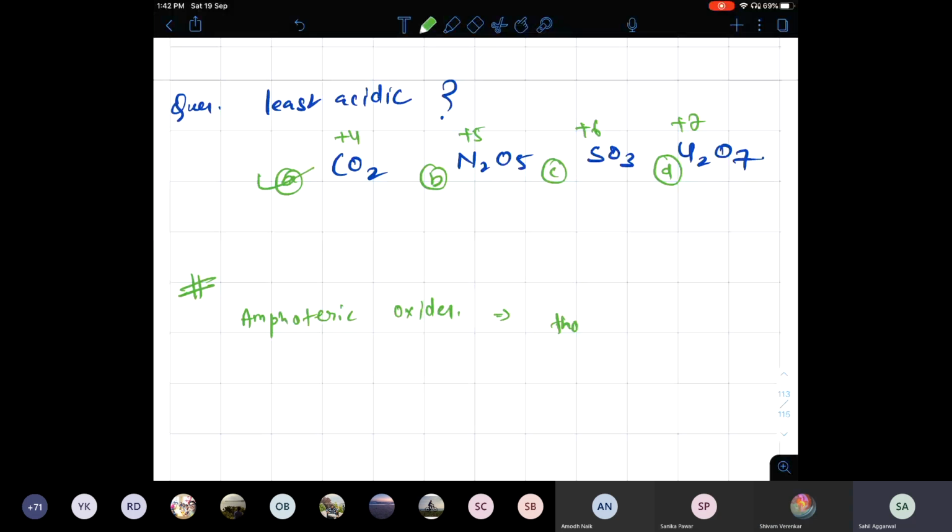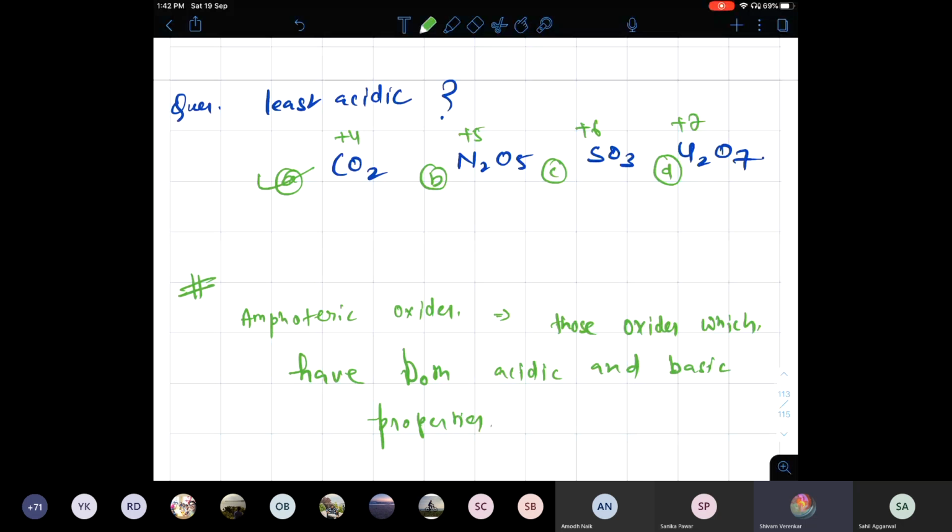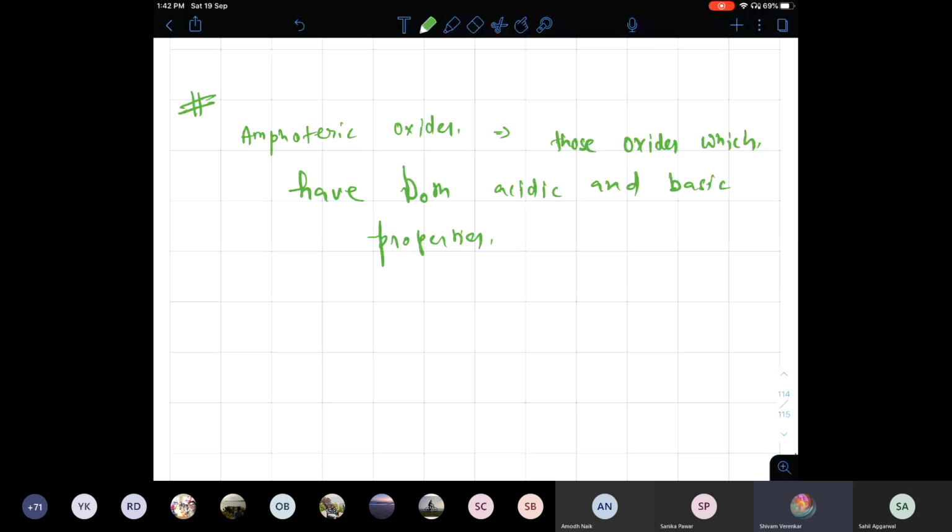Those oxides which have both acidic and basic properties, that means it can react with acid as well as base.